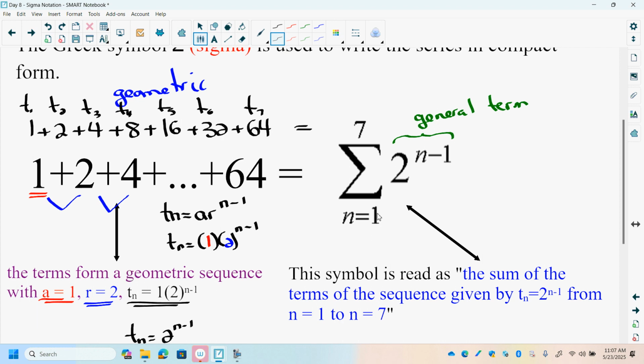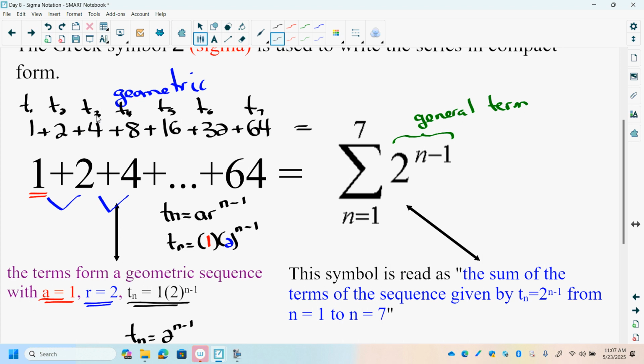I'm putting a 1 here because if I put a 1 into this formula, what's 1 minus 1? 0. Anything to the power of 0. 2 to the power of 0 would be what? 1. So I start by putting a 1 in. It gives me my first term, 1. If I put a 2 in, 2 minus 1 is 1. 2 to the first would be 2.